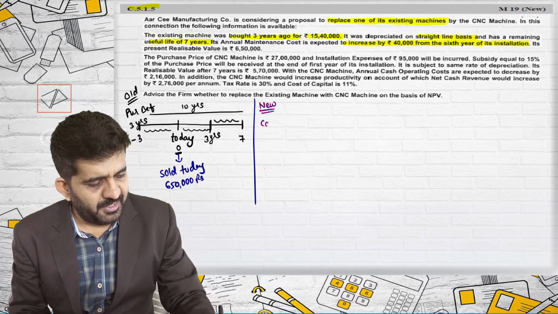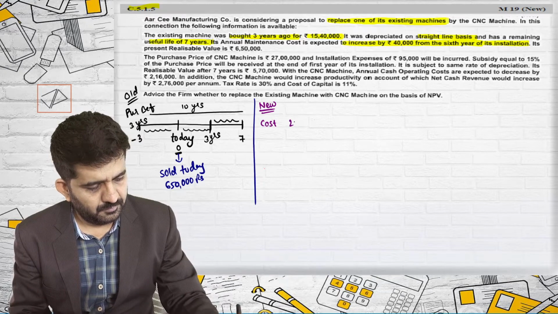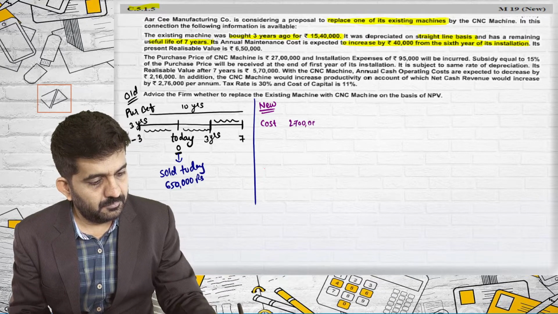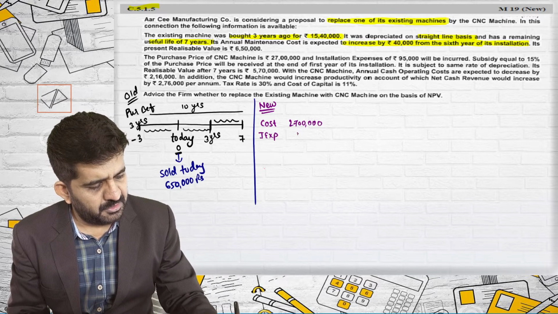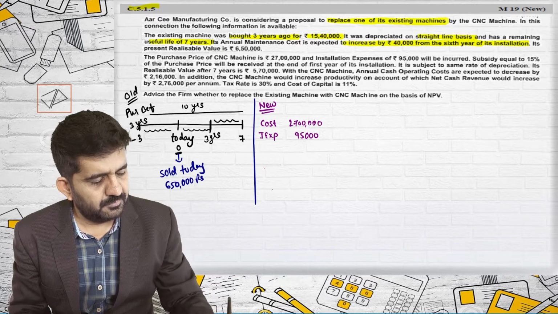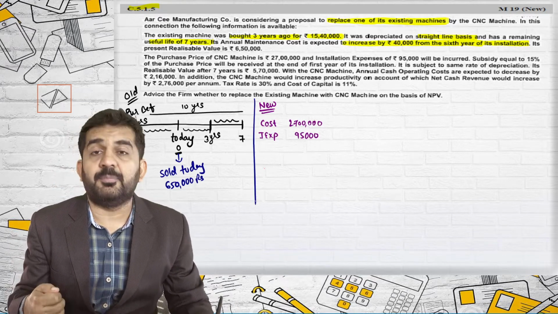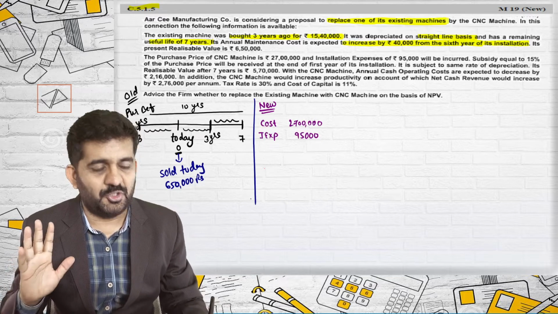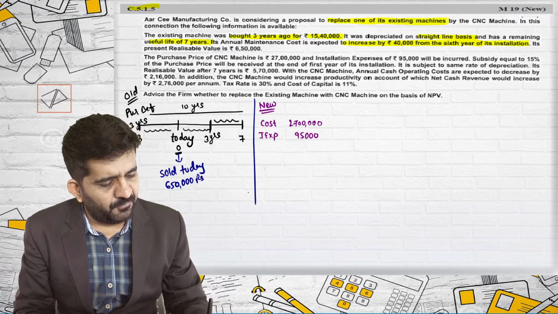Is costing 27 lakhs. And its installation expenses of 95,000 will be incurred. Subsidy equal to 15% of purchase price, so it should be taken as 27 lakhs, will be received at the end of first year.